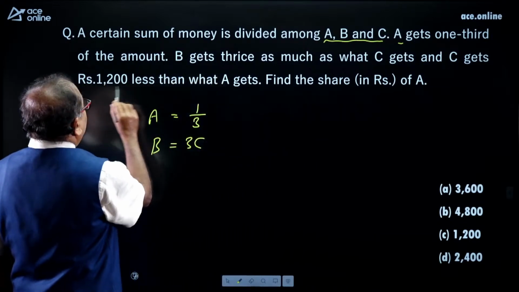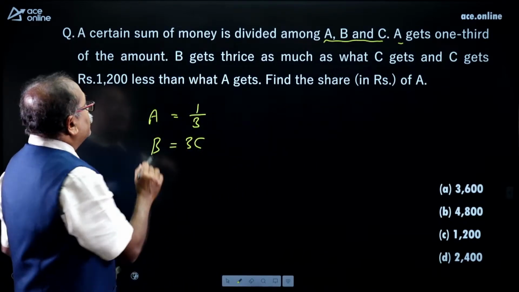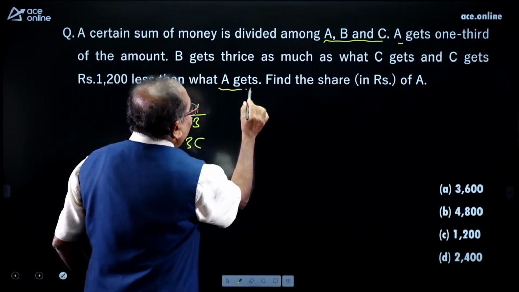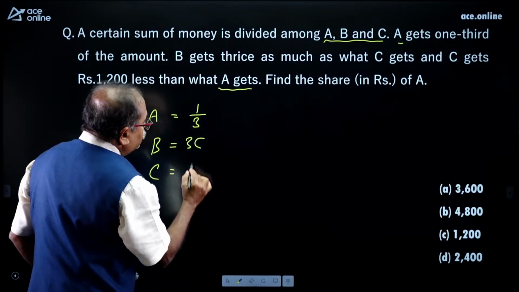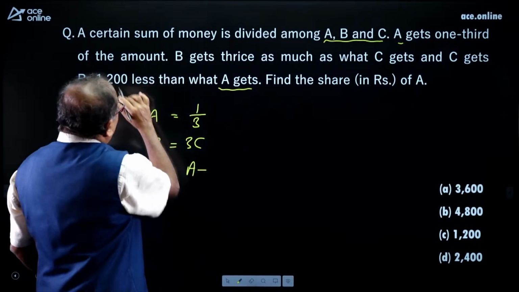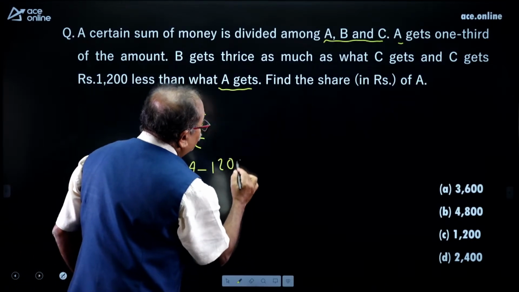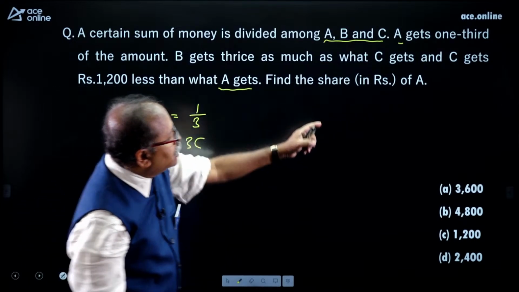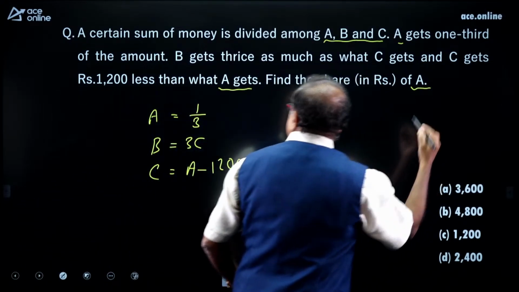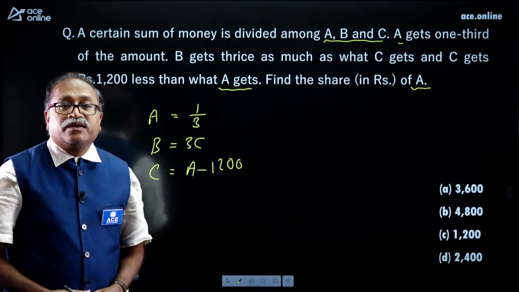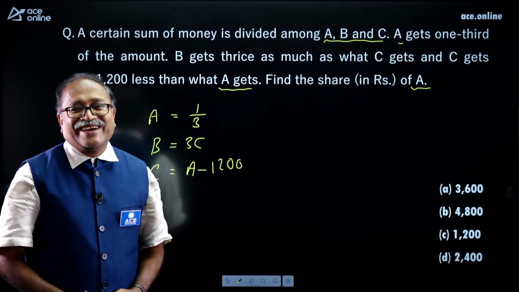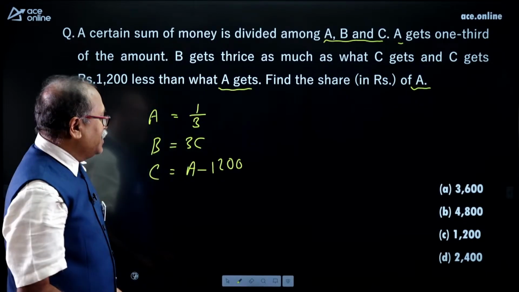And C gets rupees 1,200 less than what A gets. So C is equal to A minus 1,200. Find the share of A. Come on, my friends. I'm sure you will be able to do it.